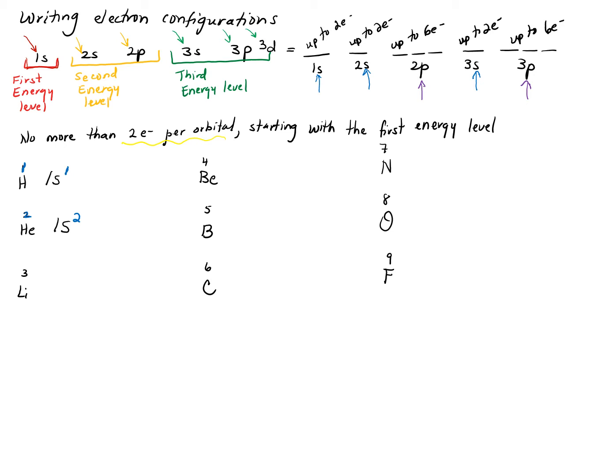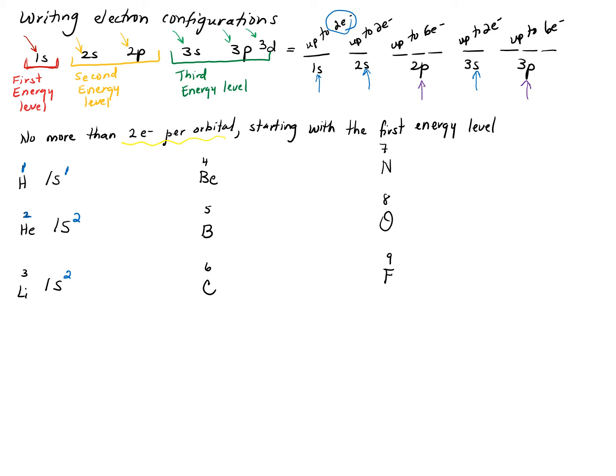So for lithium, we're starting again in the 1s, first energy level, the s orbital. Now in that s orbital, the maximum number of electrons that you can have is 2. So you're done with the first energy level, and the sub level, which is an s orbital, it's full up to 2 electrons, so that's done.